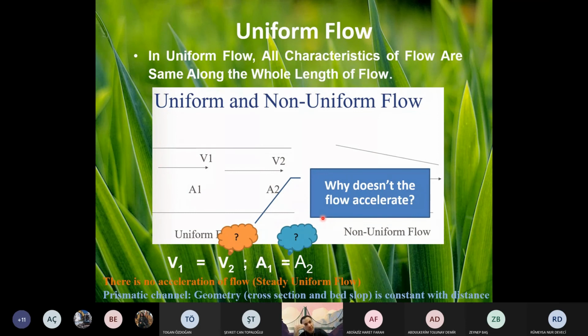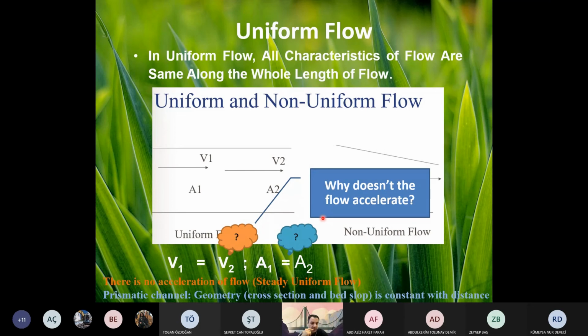Assume that you are driving your car and you move with constant velocity. Why do you think that you don't increase or decrease your velocity and you have constant velocity? Why don't you have acceleration? What happens when you are driving?